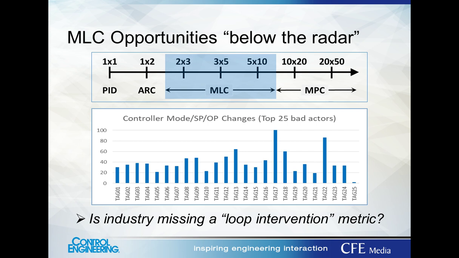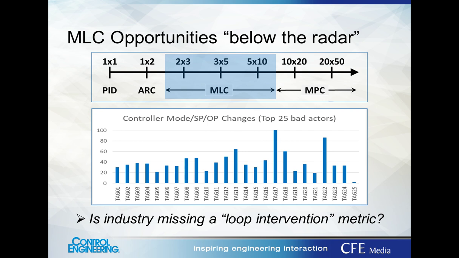So let's take a closer look at what these MLC applications actually are. It's always been said that there are many automation opportunities in this matrix size range, but they fall below the radar of the large MPC paradigm. This chart is effectively a low-altitude radar that reveals these applications.